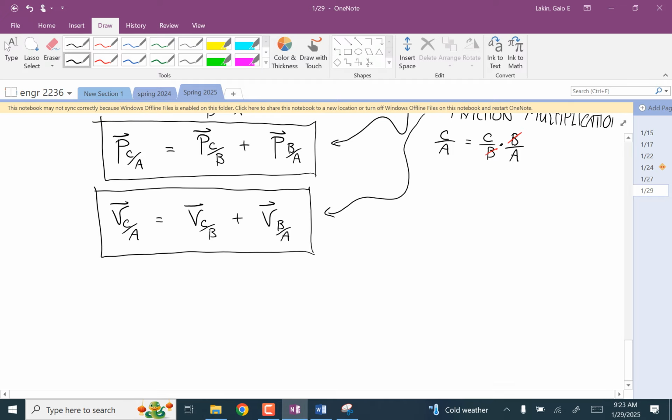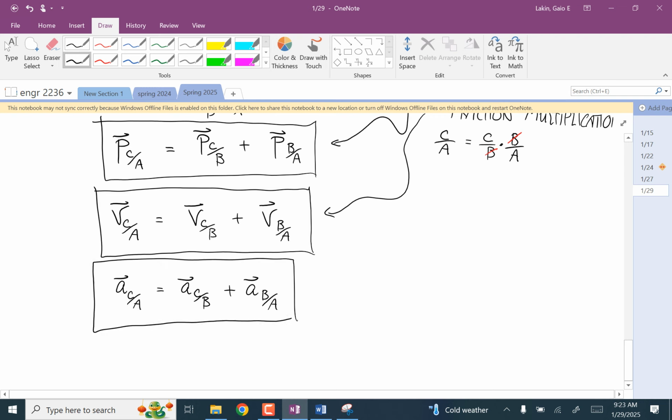And then for accelerations, the acceleration of C relative to A is equal to the acceleration of C relative to B plus the acceleration of B relative to A. And this memory device has to hold for that one too.